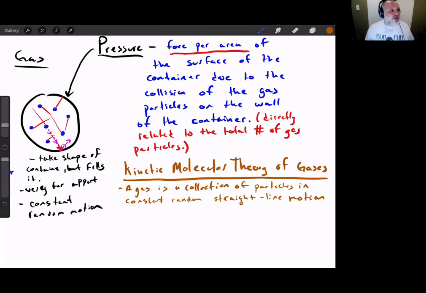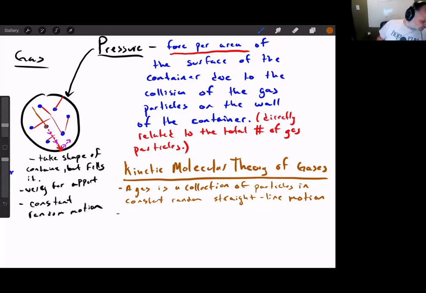Type in chat. Did we already know that? Yes or no? Y or N? In my picture here, I showed these particles already in motion, and I even specifically talked about how it goes in this line directly towards the wall. Yeah, it did. Absolutely. Yep. And so that's one thing we already knew.